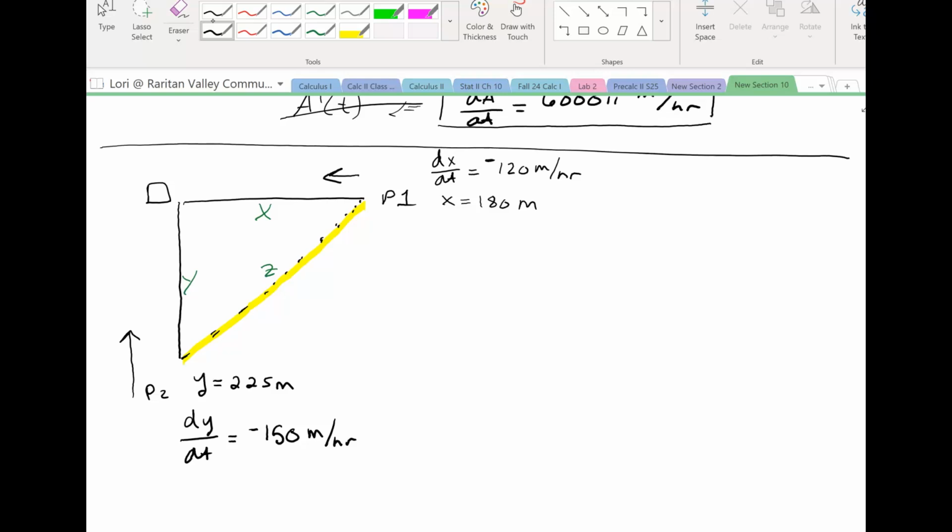The ladder, as it slid down the wall, if you recall, never changed its length. So because that's a constant, you want to identify if there's any constants right away. You can see where this problem has no constants. All three sides are shrinking as time goes on.